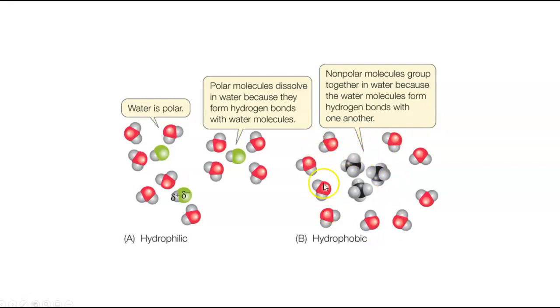And the maximum number of hydrogen bonds that can be formed is when these hydrophobic compounds are pushed together. So these compounds move around in the water all the time. All the molecules move around all the time. And when these come together, they will be pushed together by the hydrogen bonding of the water around them. We call this hydrophobic attraction.